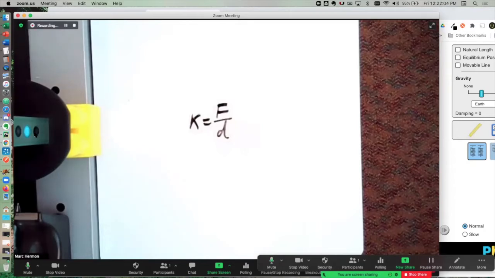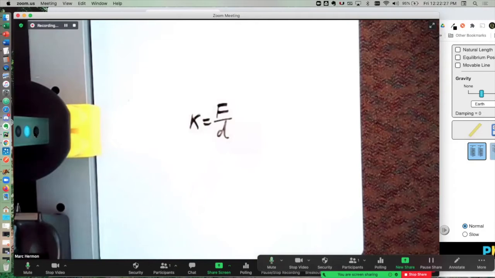So I have a whole bunch of weights. I'm going to put a weight on there, and it's going to stretch at a certain D. Then I'll put a different weight on there and it'll stretch a different D. Put a different weight on there, it'll stretch a different D. And now I have 3 data points. I have 3 forces and the 3 displacements that they stretched it. So I can graph that data.